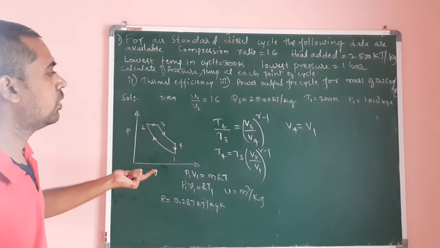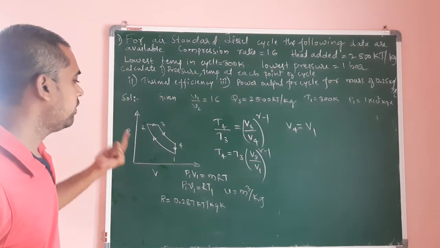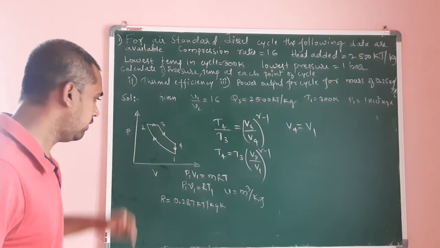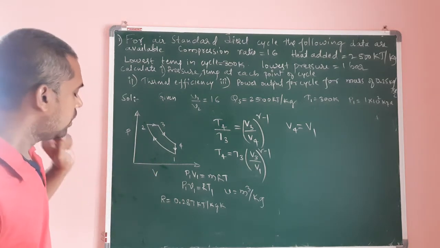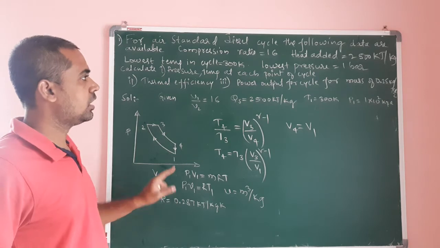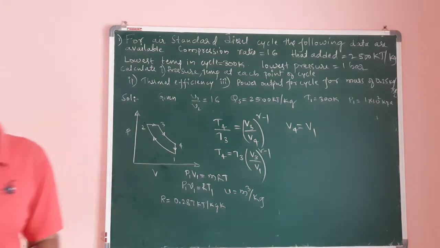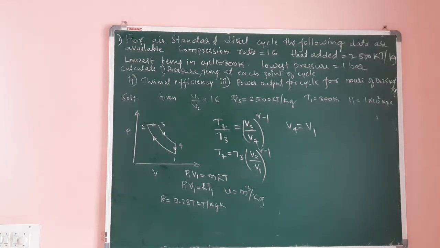Therefore, we will calculate v1. v4 is equal to v1. Here, pressure you have to substitute in kilopascal, because the value of R is in kilojoule per kg Kelvin.